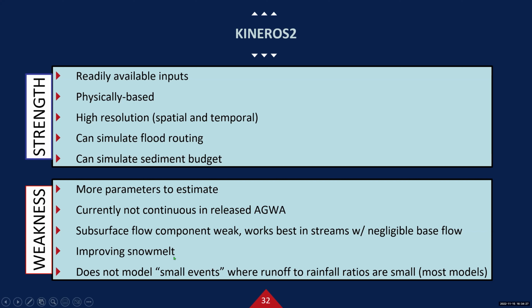We do have a recently developed snow model for KINEROS that is going to publication soon. It looks very promising, and as Phil said, KINEROS, as well as he said, any model will not model small events well because of the inherent uncertainties in the inputs.